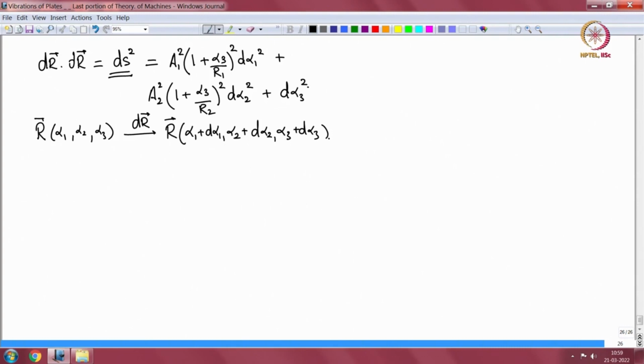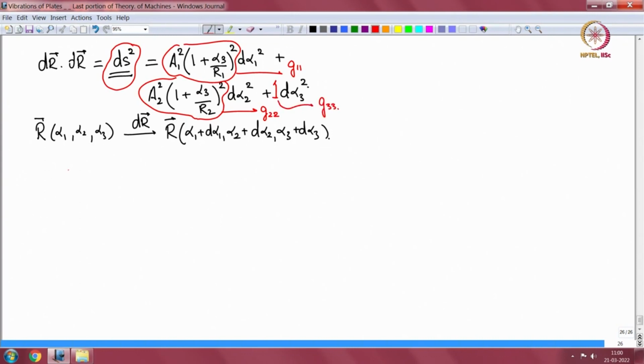Okay. So, now this is our basic elemental length, or the square root of that is the basic elemental length. So, we will give this part the name G11, this part we will call G22, and the one that is here will be called G33.